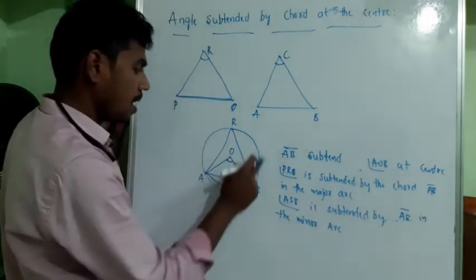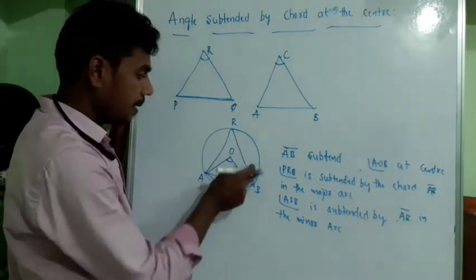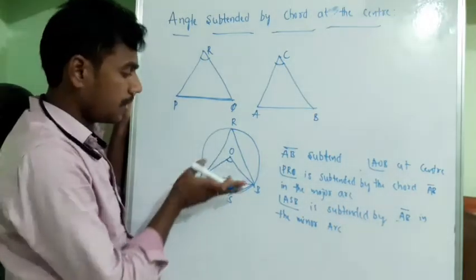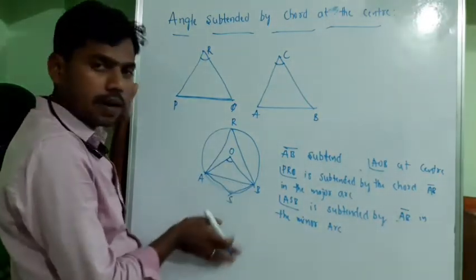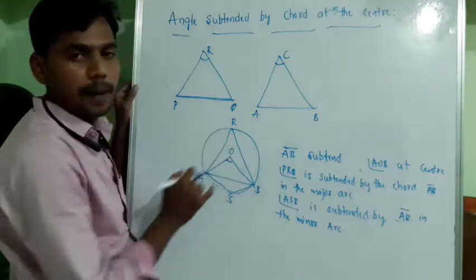This is the major arc, this is the minor arc, or else we call it the major segment and minor segment. One chord and an arc, we call it a segment. This is the minor segment, this is the major segment.